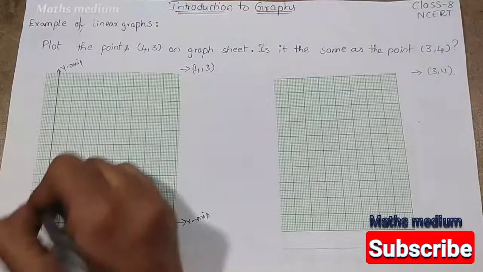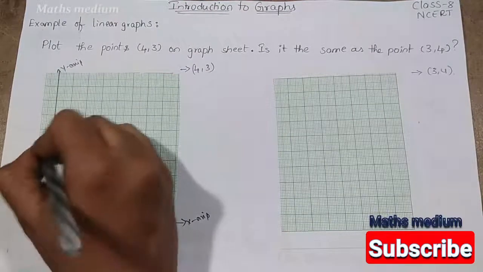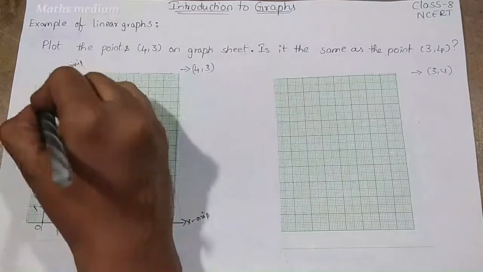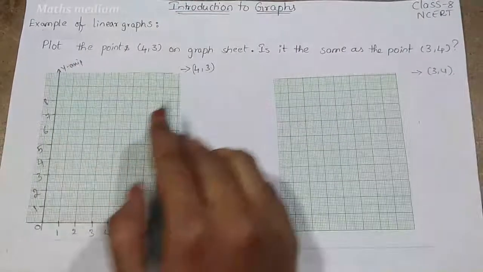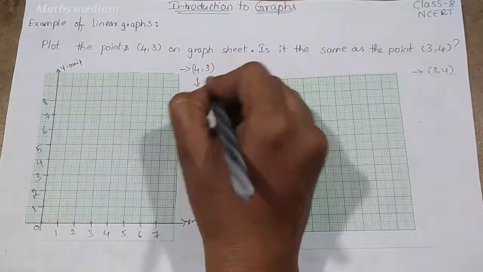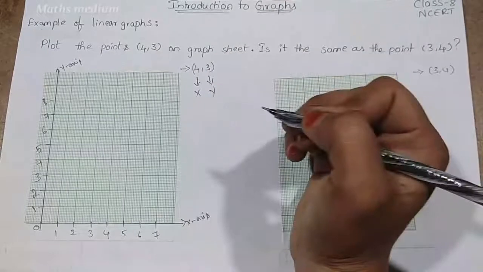Here also 1, 2, 3, 4, 5, 6, 7, and 8 if you wish. So now here we have to locate the point (4, 3). In any point they give, the first represents the x-axis value and the second represents the y-axis value.